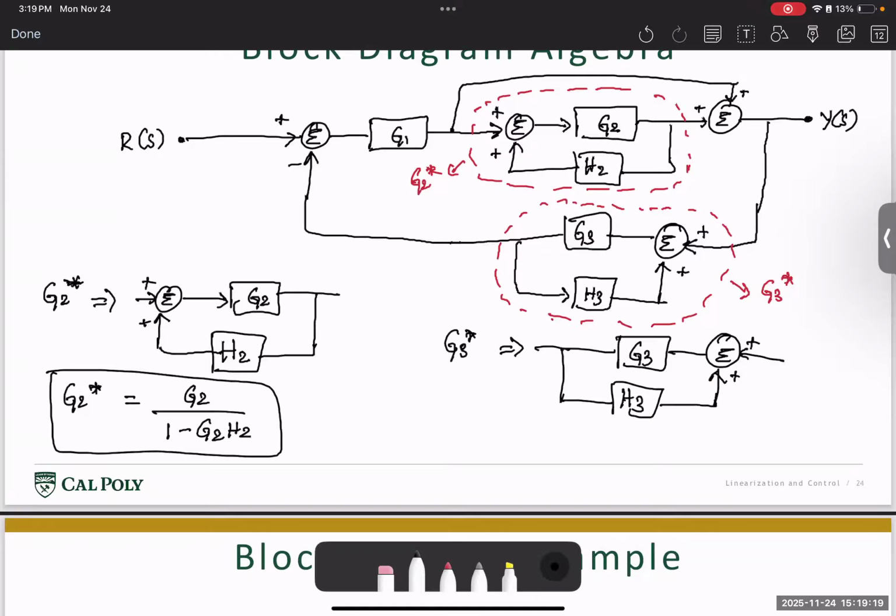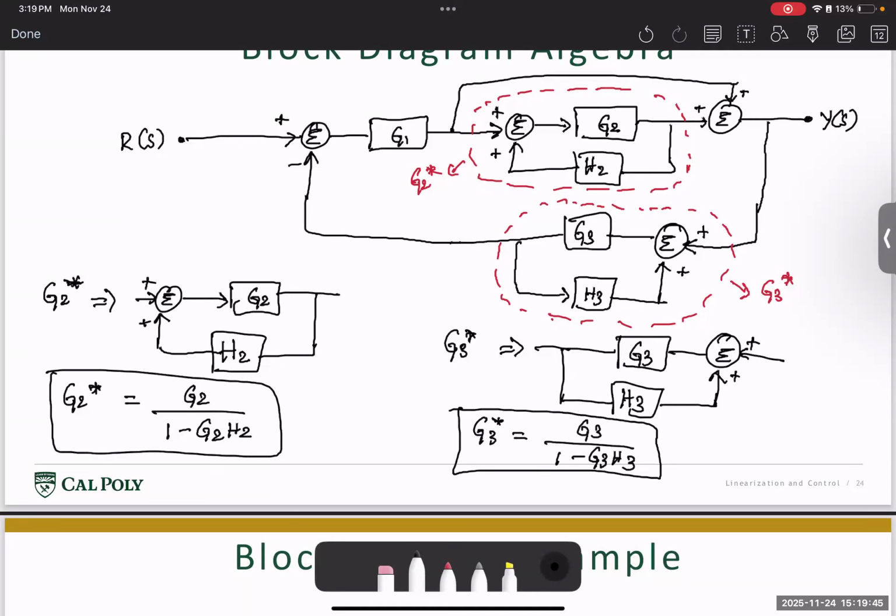This also looks like a typical feedback loop here, except in the feedback loop, the direction is just reversed. So we can still simplify this as G3 star is nothing but G3 divided by 1 minus G3 H3. So we've looked at two different blocks. We've simplified what each of their transfer functions are.